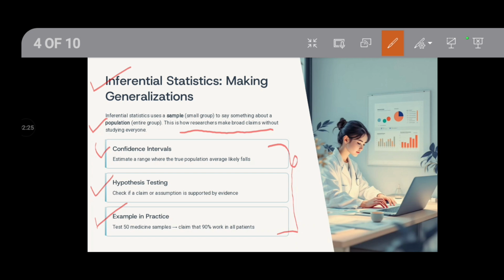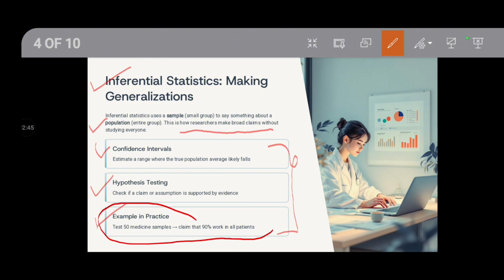This is how the confidence interval works. The other is hypothesis testing. In this we will have a null hypothesis and an alternative hypothesis. On the basis of this we will see whether our claim is right or wrong.